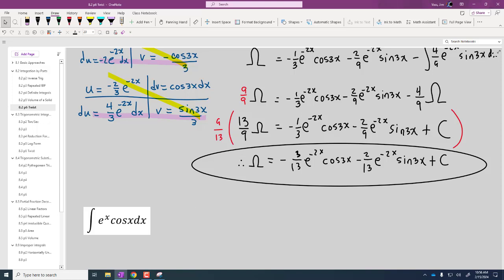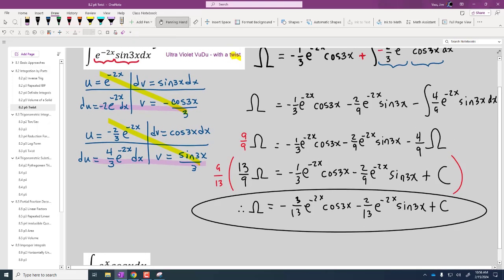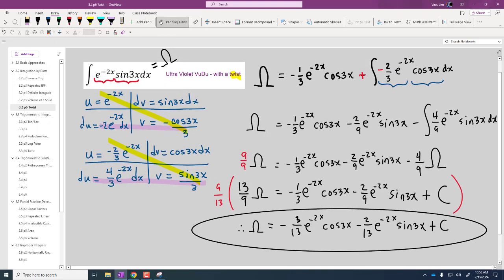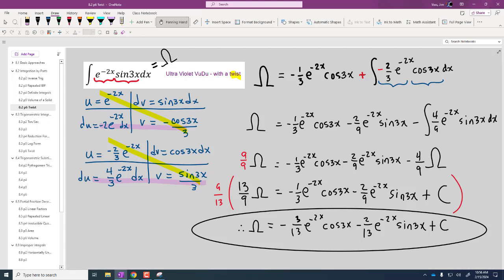So we know it's going to be a twist because both functions have circular derivatives. Choose whatever creative letter you want. If you don't want to use omega, use something else. Try to parallel what we just did.